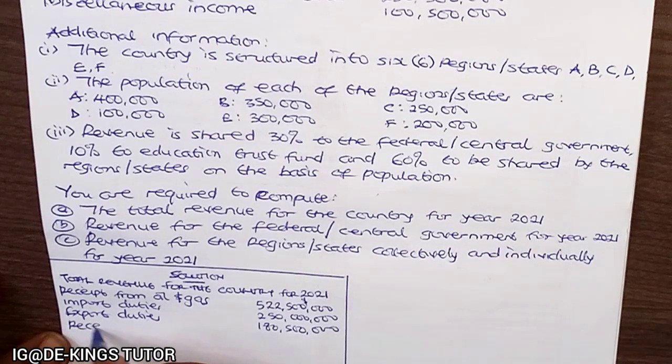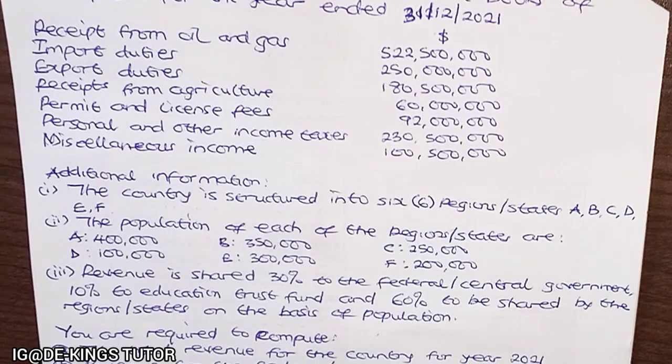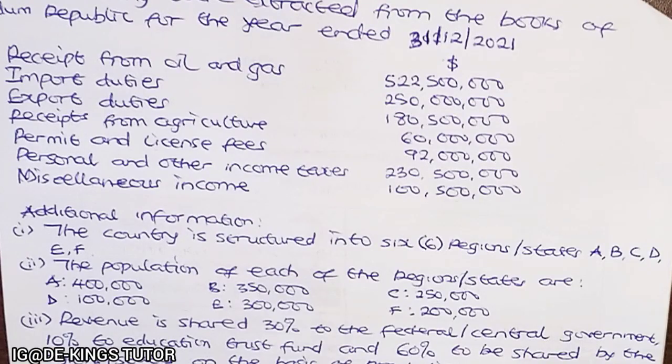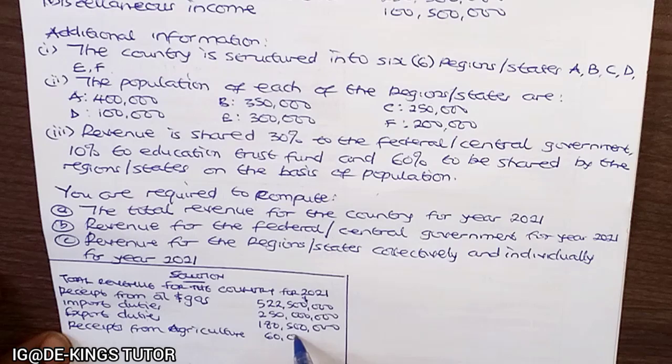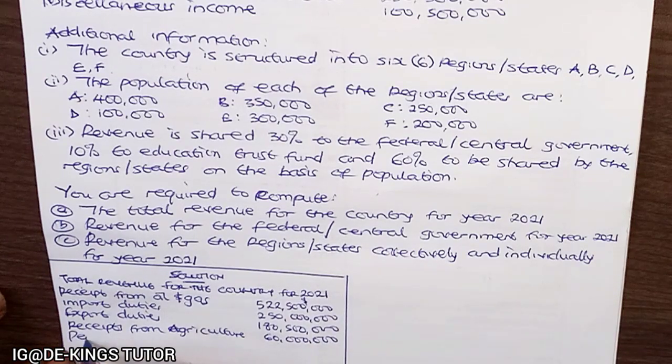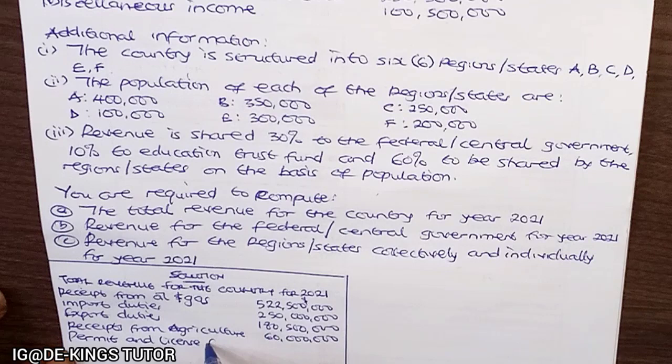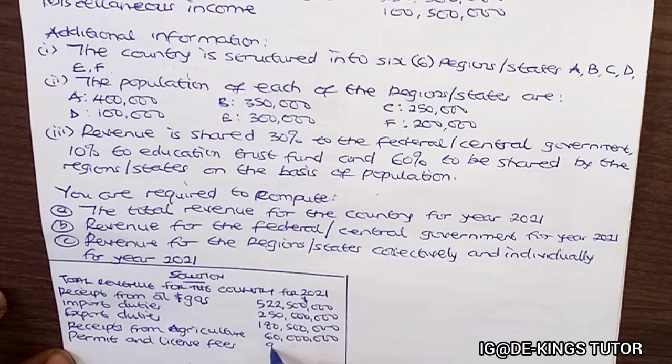The next one, receipts from agriculture at 60 million. The next one, permits and license fees 92 million.